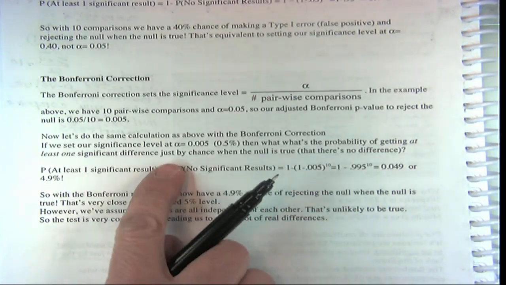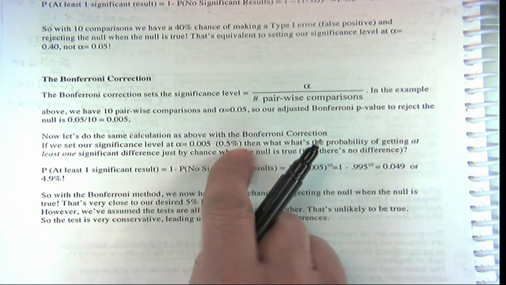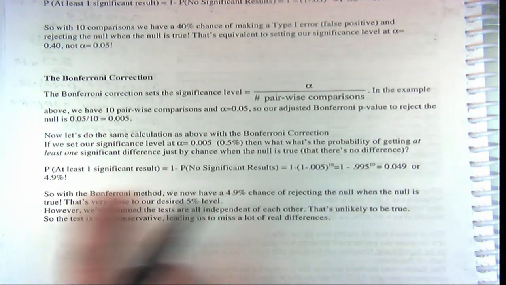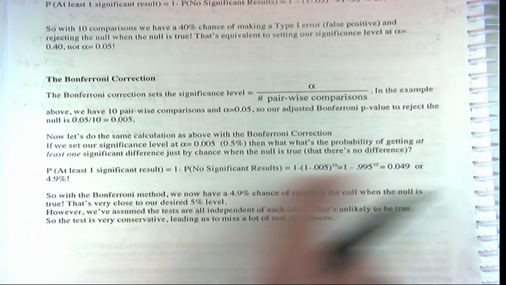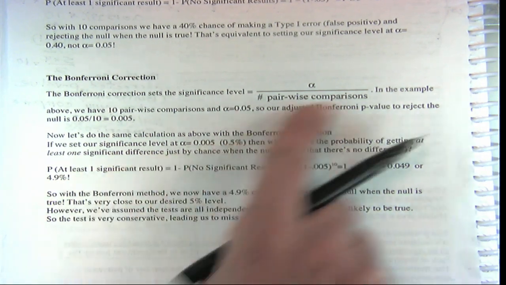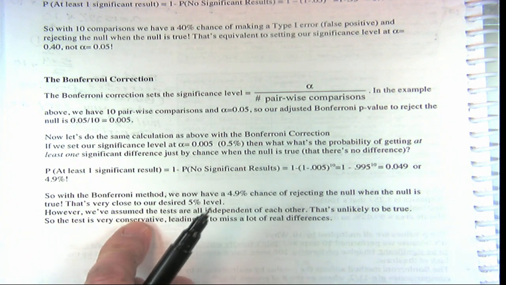So now if you do the same exact calculation at significance level 0.5%, you end up with very close to 5%, by setting the significance level 10 times smaller.